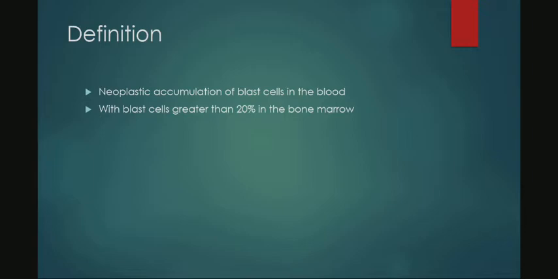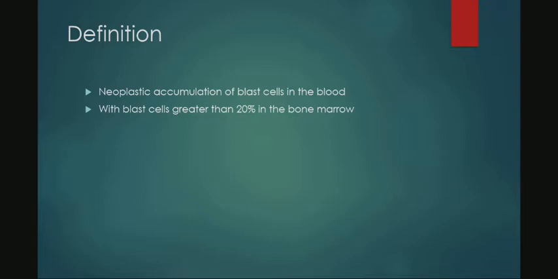Now, the lymphoid stem cell is the one that will later on give rise to lymphocytes: the B cells, the T cells, the CD4 T cells, the CD8 T cells, all of that from the lymphoid stem cell. From the myeloid stem cell, we get the cells such as the erythrocytes, the monocytes, the granulocytes, and the platelets.